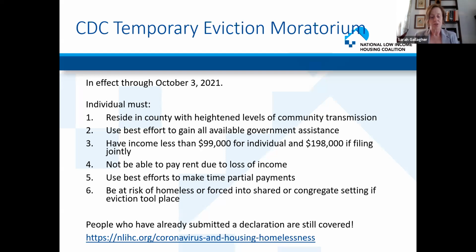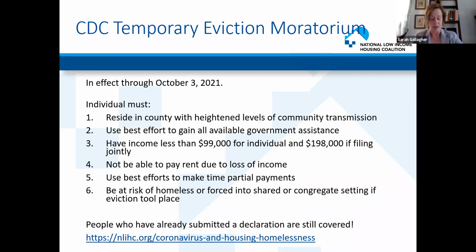Before we jump into our content today, we wanted to make sure everyone was aware of the latest update from the CDC and the new moratorium. As you hopefully heard, the CDC has put out a new temporary moratorium in place until October 3rd, 2021. This new order will temporarily halt evictions in counties with heightened levels of community transmission of COVID.